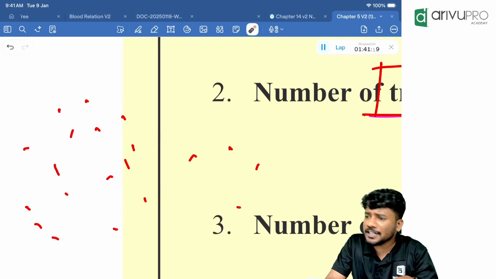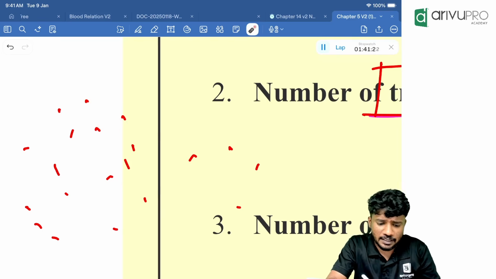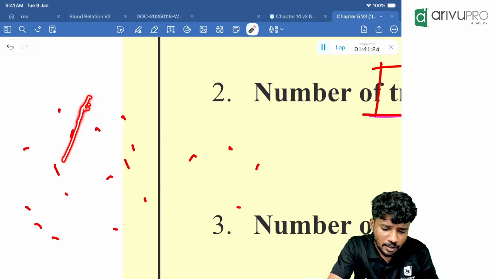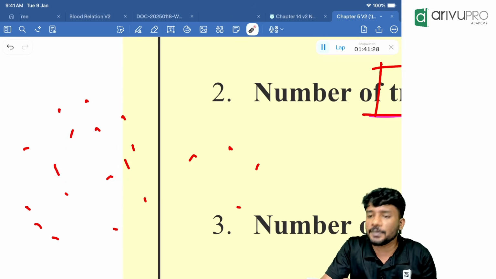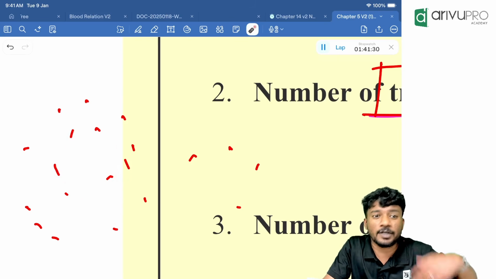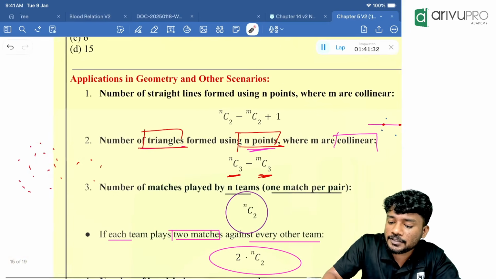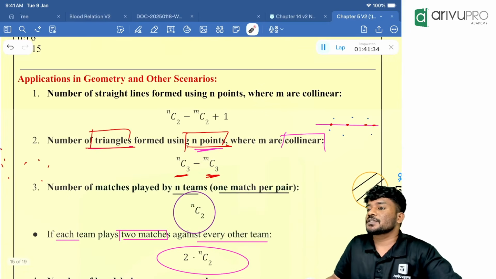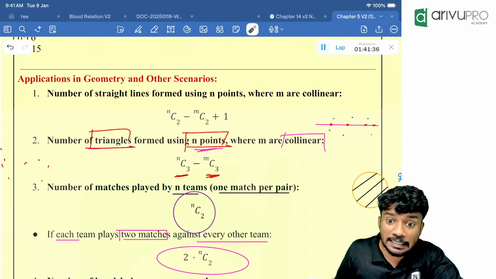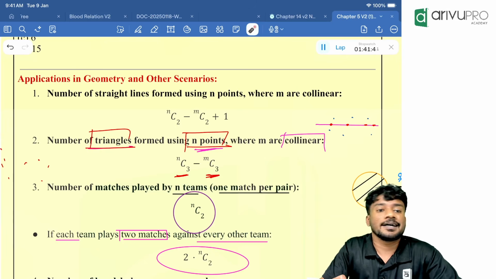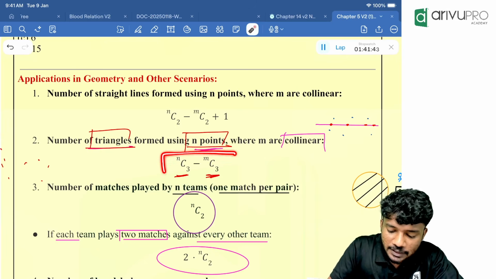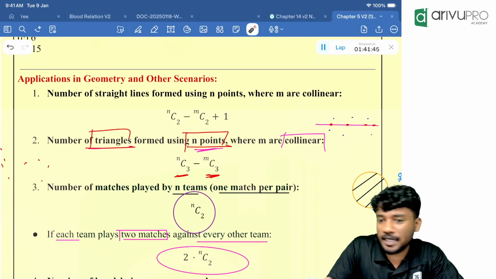But while I draw the triangle, you would have seen that when I draw this triangle, automatically another point is getting mixed up. One point is already getting repeated. That's why we are reducing this MC3. When they lie on a straight line, we need to reduce the triangles formed by the m collinear points. That's why NC3 minus MC3.